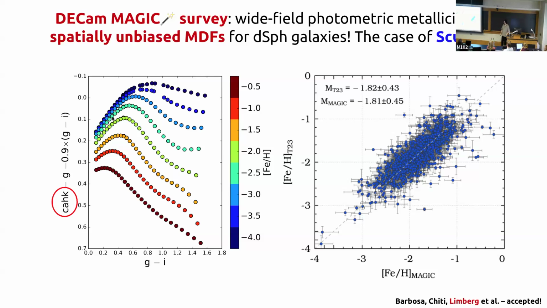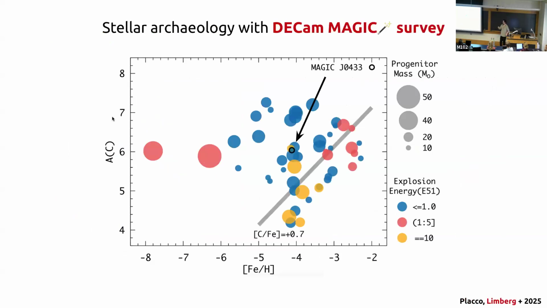This is very successful not only in studying the stellar populations in a given dwarf galaxy, but it's also very useful for finding extreme objects with extremely low metallicities, and this is what is shown right here. So why do you care about finding these extremely low metallicity stars?